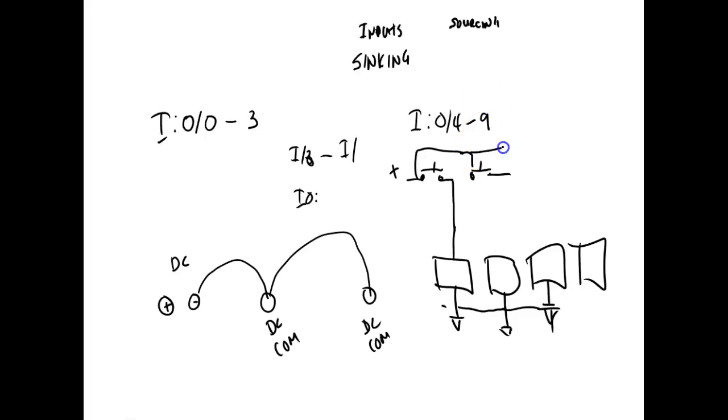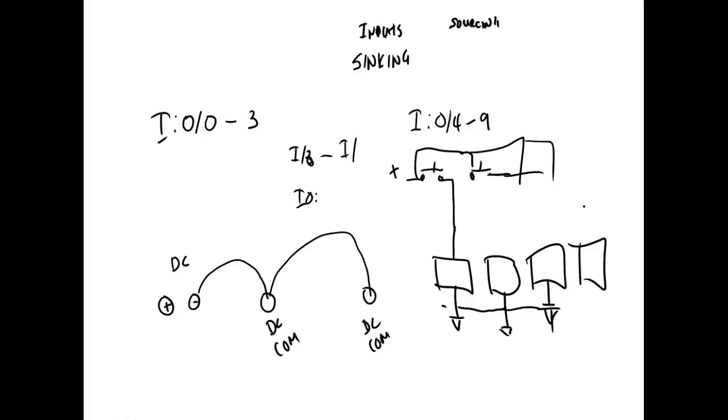A common is just a term we use for a common connection for all the devices. So that means if I have a syncing input, then every device that I hook up is going to have plus applied to it. Okay, y'all understand that? Does that make sense? So if I have a sourcing output, that means I'm going to use the positive DC as a common.